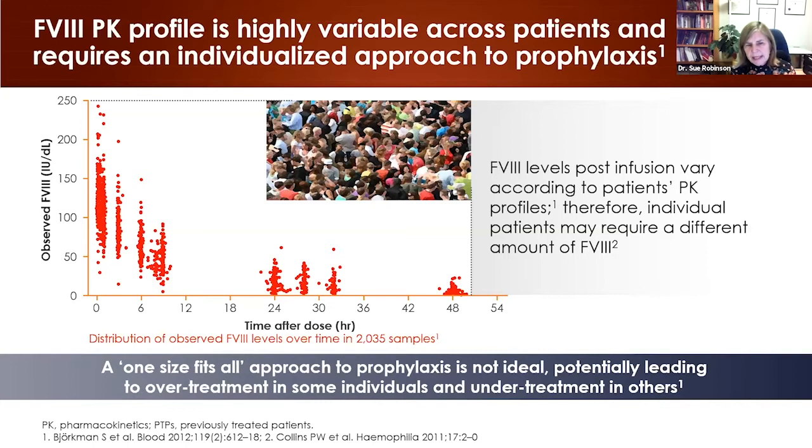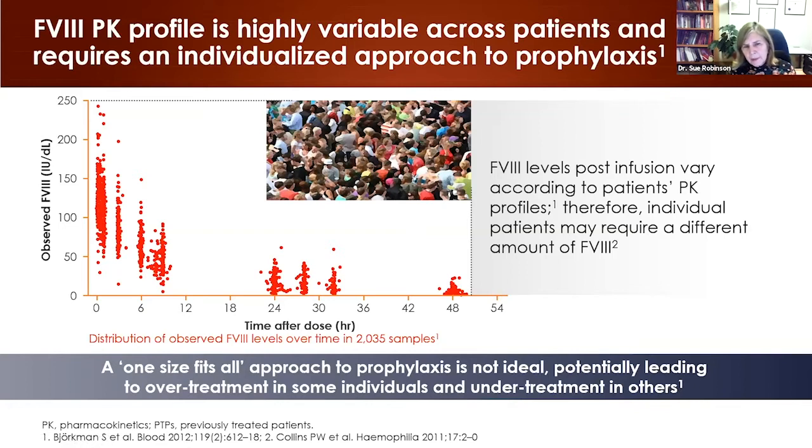And you can see by 6 hours, a number of patients have dropped off their factor level quite dramatically. Over here at 24 hours, there are still patients that have a significant amount of factor VIII in the circulation. And at 48 hours, there are still some that have quite reasonable levels of factor VIII in their bloodstream.